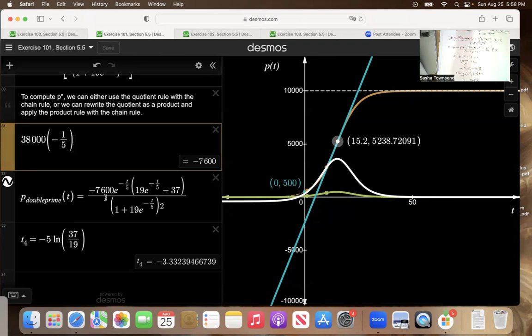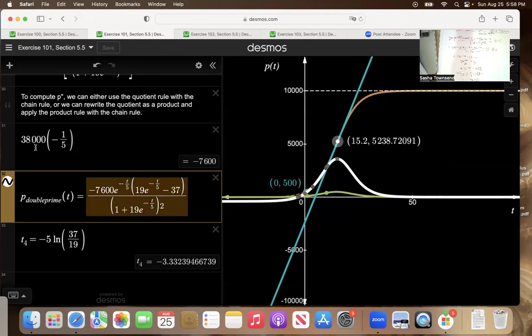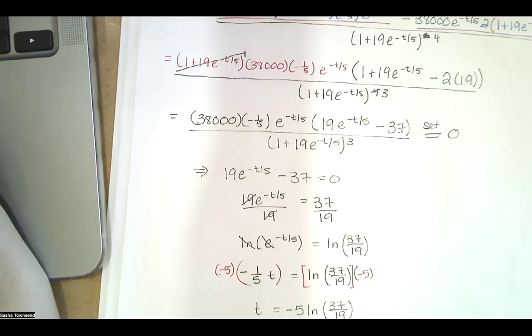When I computed the second derivative, I have a maximum right here, and that can't be right. I think I see what I did wrong on my paper. So I'm going to go back to the paper and then revise this answer. I did use the Desmos calculator to get that 38,000 times -1/5 of the -7,600. So let's go back to the paper now.